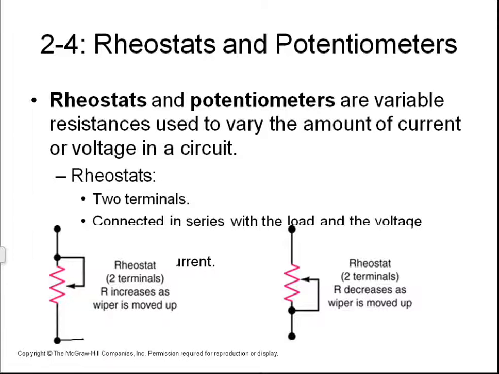The resistance from here to here is going to change depending on where you adjust the adjustment to. And this is the same thing, just upside down. That's a rheostat. There are two terminals. They're usually connected in series with the load and the voltage, and their primary function is to vary the amount of current being used in the circuit, because if you change the resistance, you're going to change the amount of current.